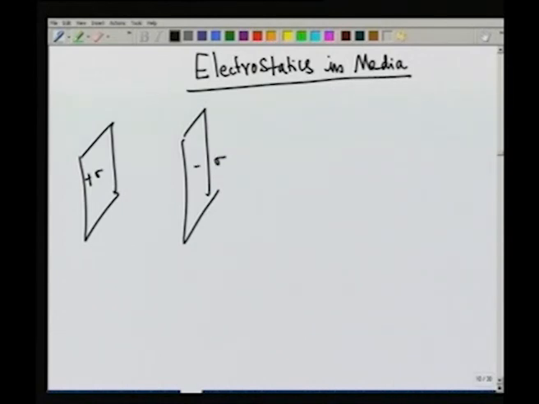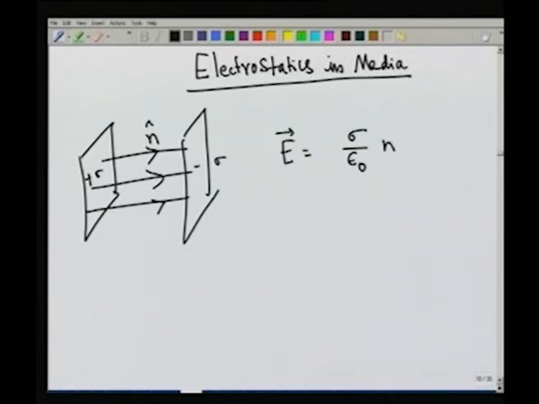This carries a surface charge density minus sigma, and it produces a uniform electric field. And Gauss's law tells us that my electric field is simply given by sigma by epsilon naught. Is that right? That is what Gauss's law tells us. And of course, if I call this direction n, this is what it is.